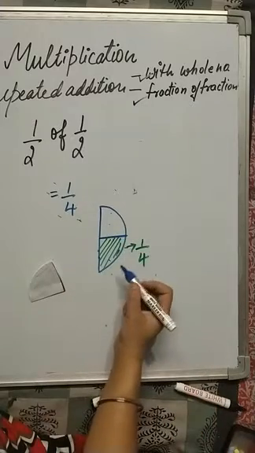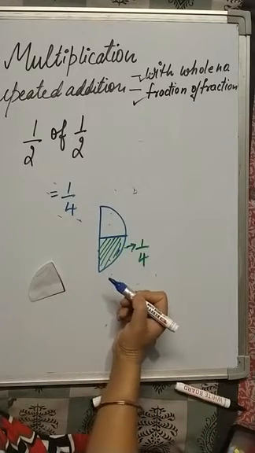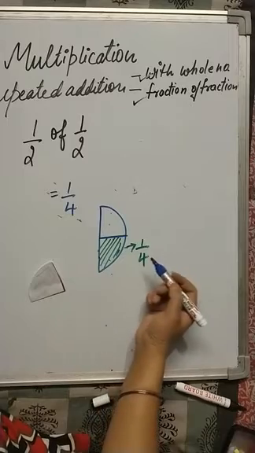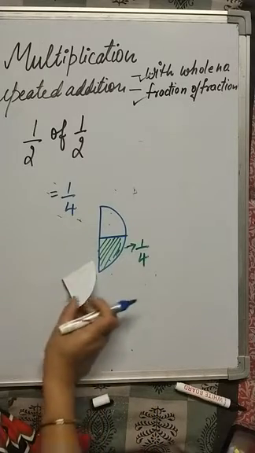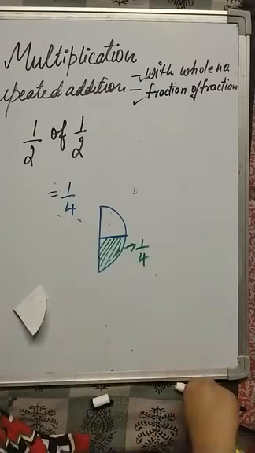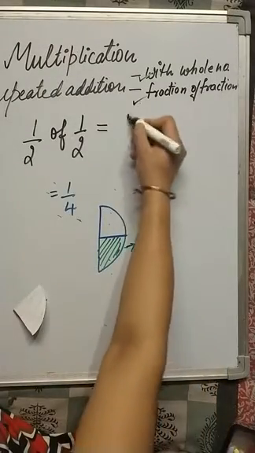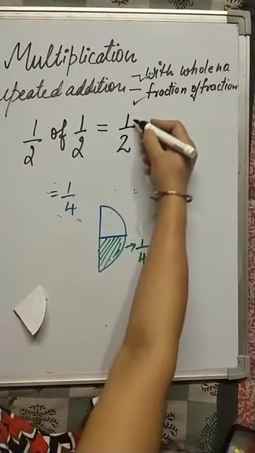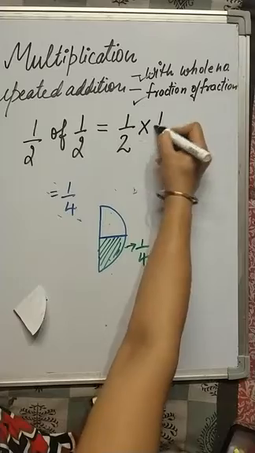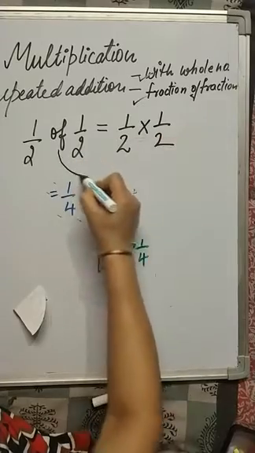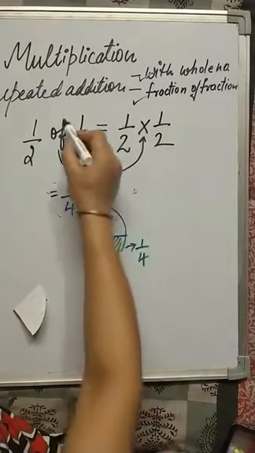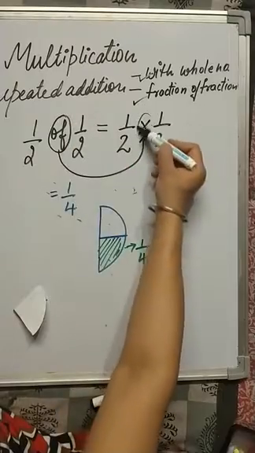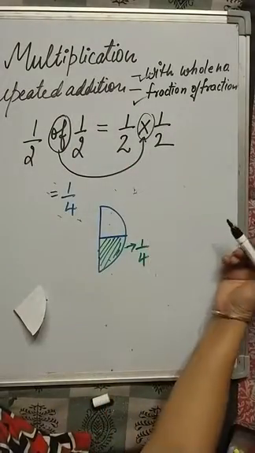You ate only half of the half chapati. So the name of this piece size is 1/4. One more way to write it is 1/2 multiplied by half. This will be written as multiply. Of turns into multiplication sign.